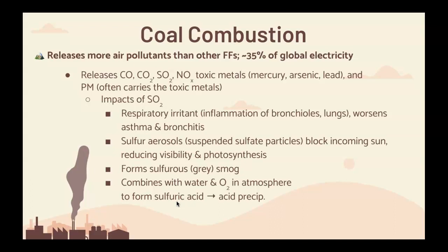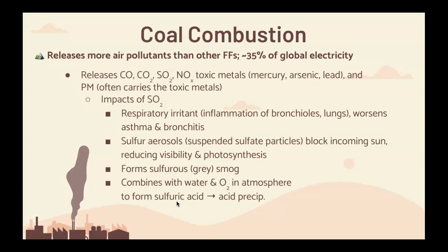And then those sulfur aerosols, which are these suspended sulfur particulates, can reduce visibility. So it can block incoming sunlight, which reduces visibility, and also can reduce photosynthetic activity. It can form a sulfurous gray smog. So this is different than photochemical smog.